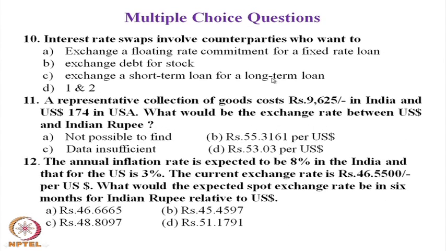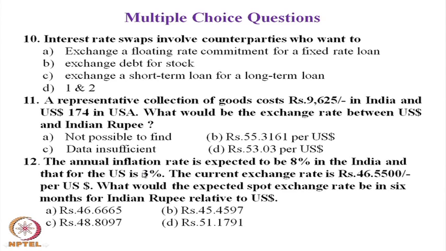What is question number 12? Annual inflation rate is expected to be 8% in India and that of the US it is 3%. Current exchange rate between US dollar and Indian rupee is 46.5500. So, what would be the expected spot rate after 6 months?